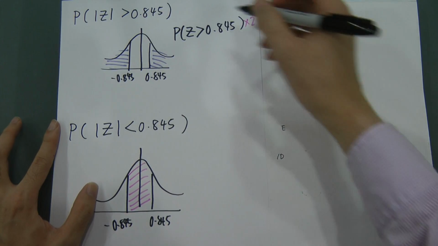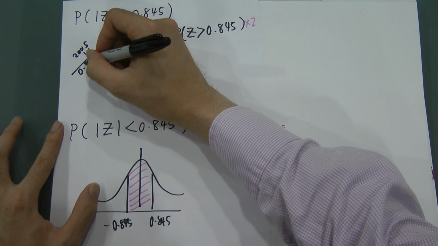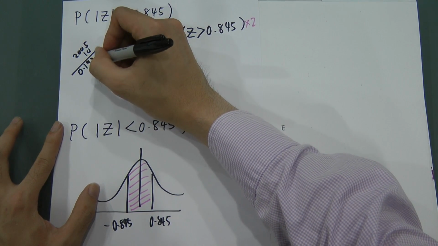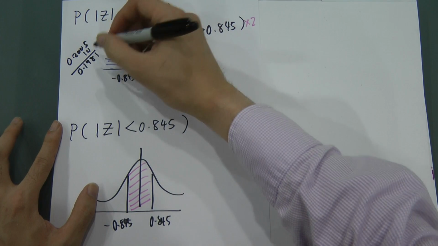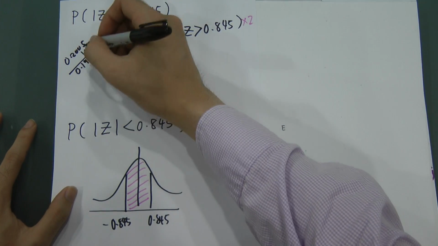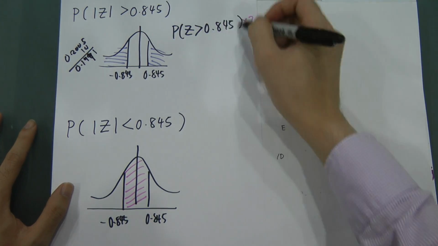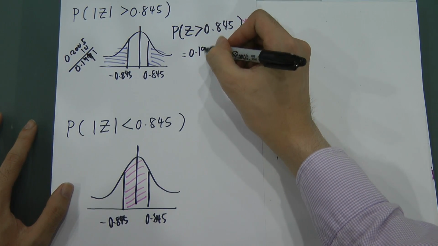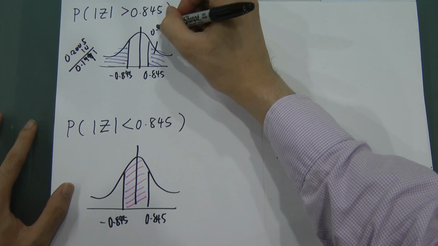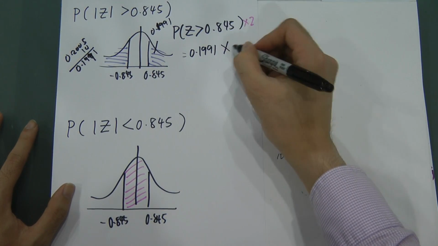I do some calculation here. 2005 minus 14, I will get 0.1991. Here we don't need to borrow. Okay, so that means 0.1991 is for this area. Because here he has double of this one, that's why we multiply by 2.